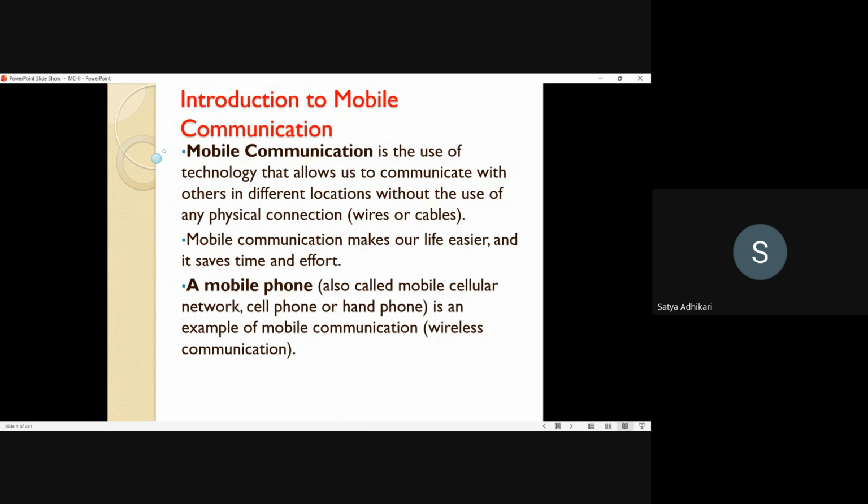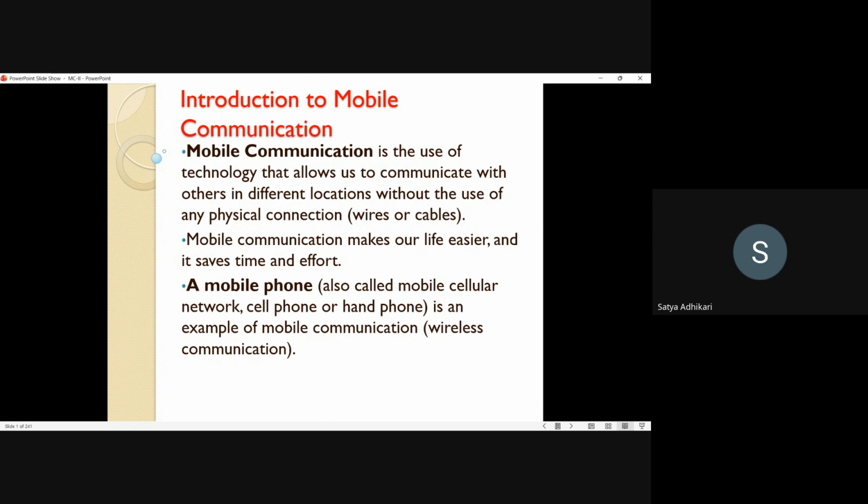Mobile communication makes our life easier and it saves both time and effort. Nowadays, the widely used mobile phone is an example of mobile communication. We are making communication with the help of our mobile phone, our cellular phone, our hand phone, which is a good example of mobile communication or wireless communication.